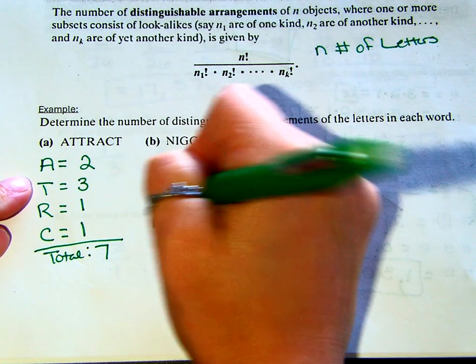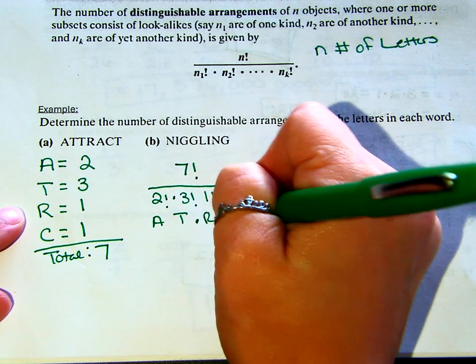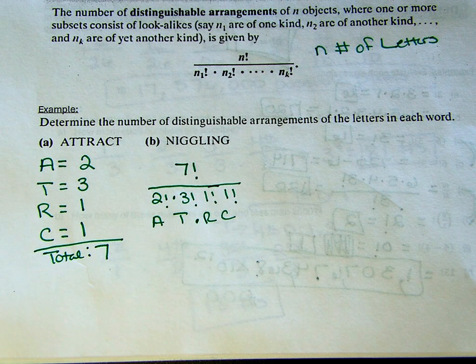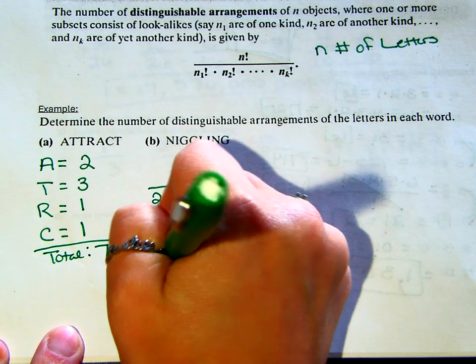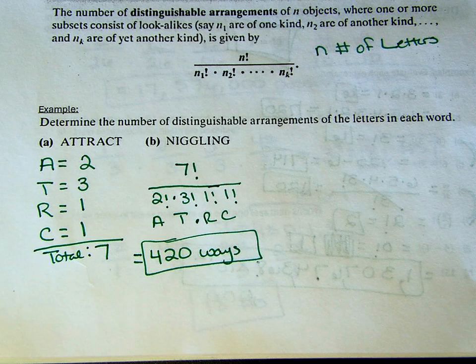And C is 1 factorial. You'll learn quickly that 1 factorial is 1 and you don't really have to list them if you want to save yourself some headache. How many times do they come up? And you're going to put that to the factorial. So I'm taking 7 factorial really divided by 2 factorial times 3 factorial. And if I do that, I find out that there's 420 different ways we can rearrange these letters and make a distinguishable arrangement, a unique arrangement, even though we have duplicate letters.